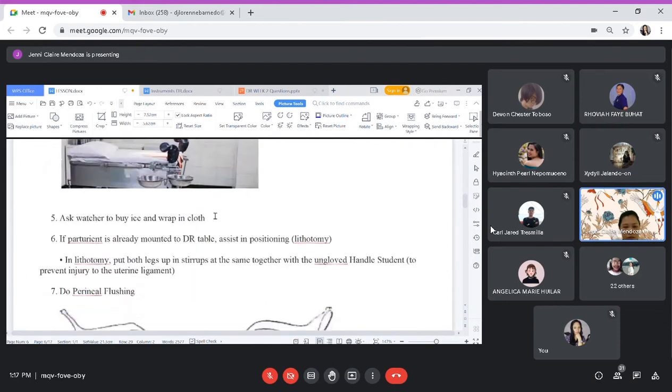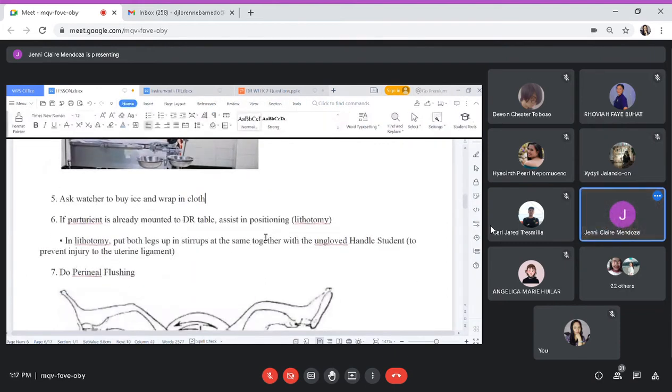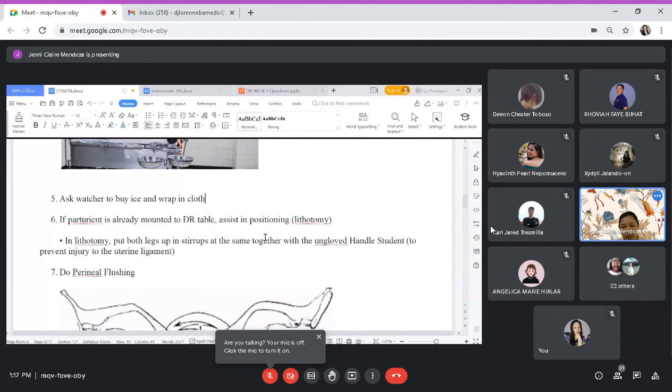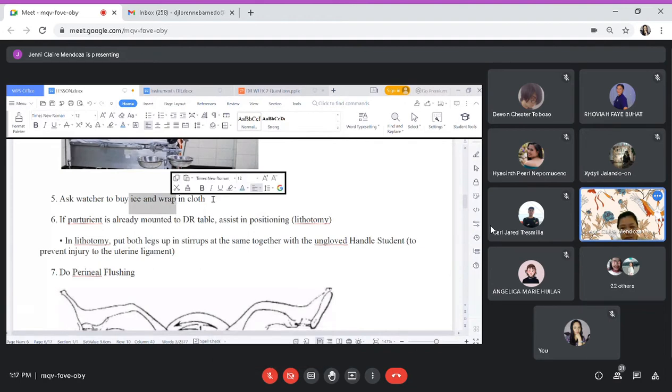Once the mother is transferred to the delivery table, you might want to notify the family members who are with the patient, and ask them to buy ice. This will be used later when the placenta is out. That will help in the contraction of the uterus. So this is just a preparation.